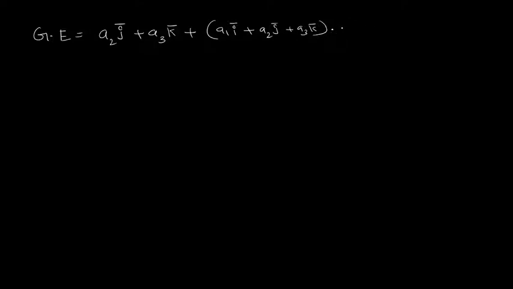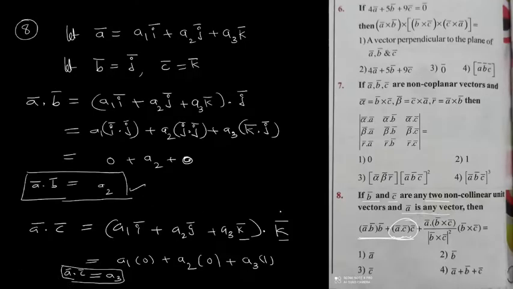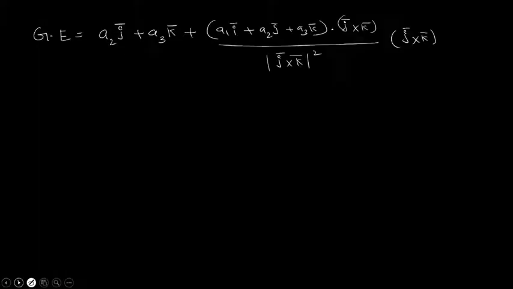B bar cross C bar is J bar cross K bar, divided by modulus of J bar cross K bar whole square, into J bar cross K bar.